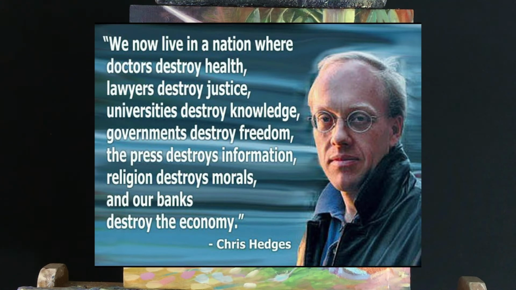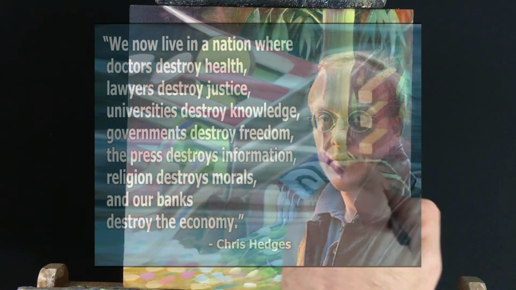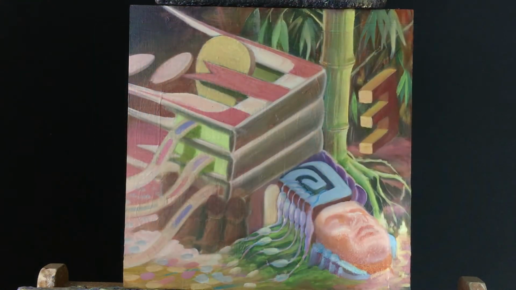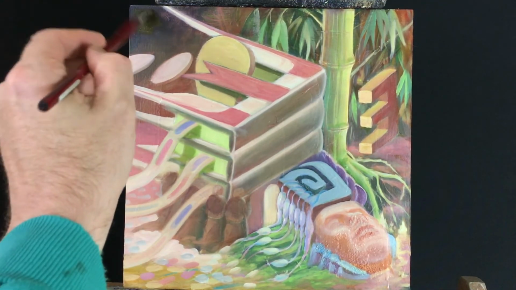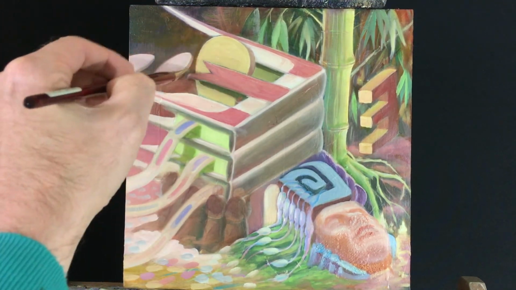American Fascists is one of his books. He has many books, many speeches and interviews on YouTube. He wrote a fantastic essay called The Coming Collapse. If you Google Christopher Hedges, The Coming Collapse, it's easy to find.